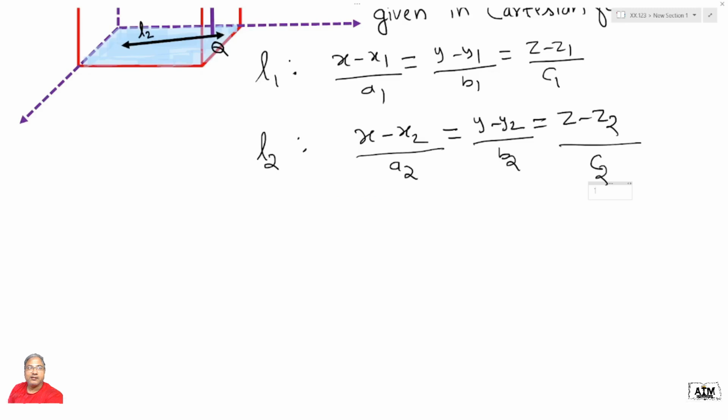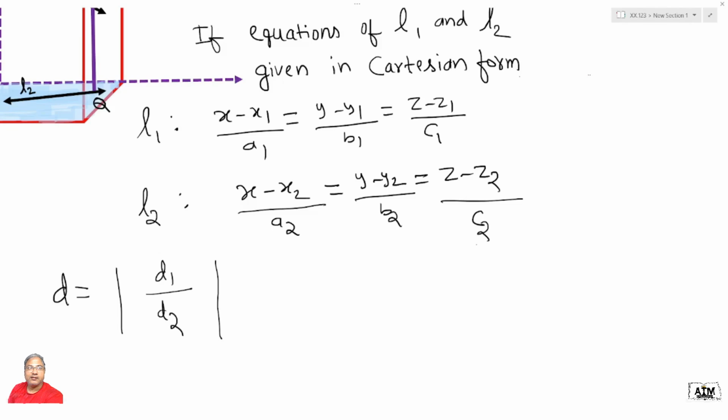If the equations are given in Cartesian form, then the shortest distance between these two skew lines is given by the formula d1 divided by d2. What is d1 and what is d2? We find d1 by using the differences of x1, x2, y1, y2 and z1, z2.